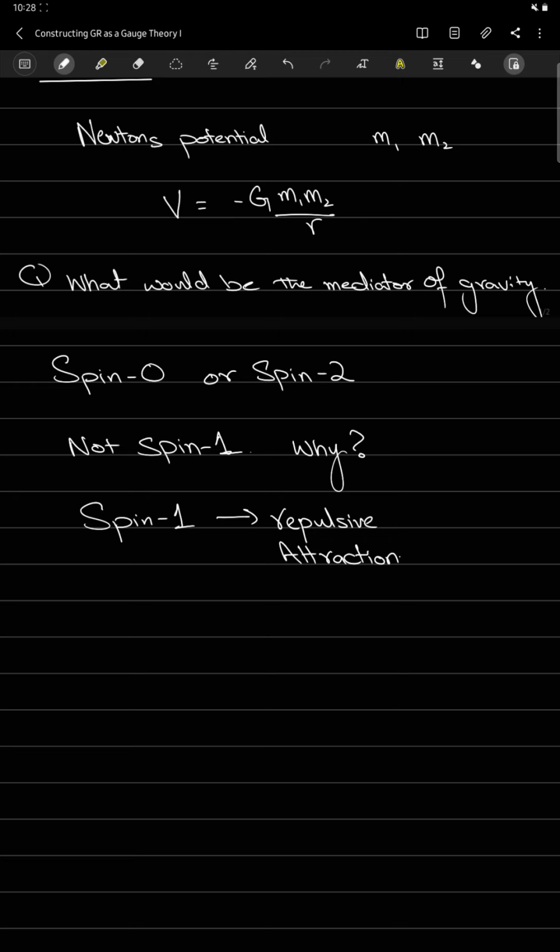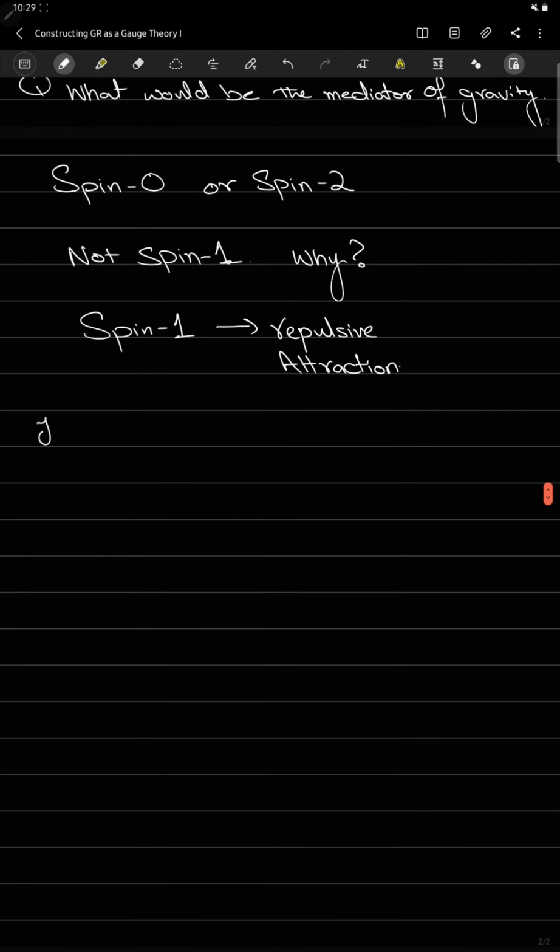And higher spin particles cannot be consistently included in the quantum field theory framework. Therefore that leads us to the simplest option, which would be a Higgs-like force that is mediated by a spin 0 particle.